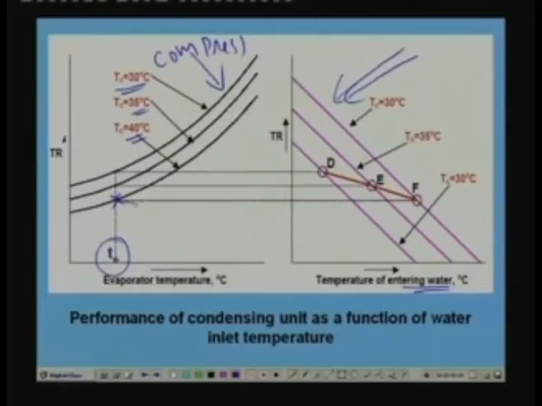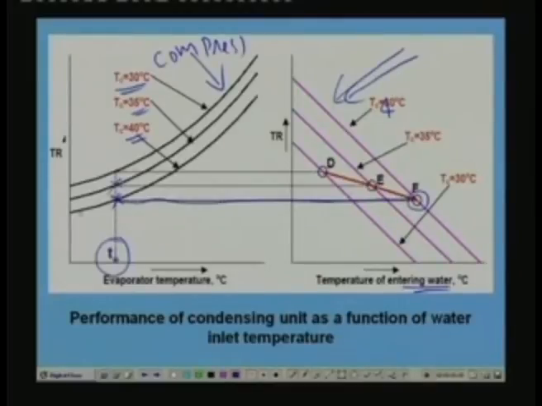So, from this point you draw a horizontal line where this line intersects the, I am sorry, this should have been 40 degree. So, where this line intersects the 40 degree temperature line, that will give you the balance point for the 40 degree centigrade line.